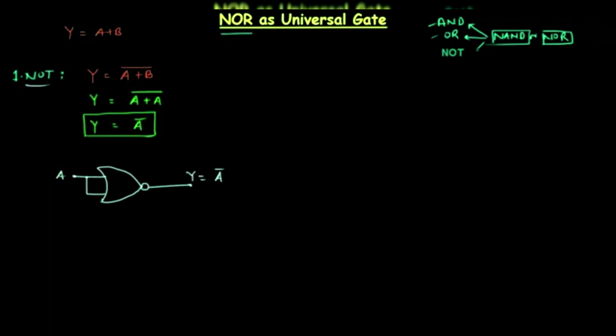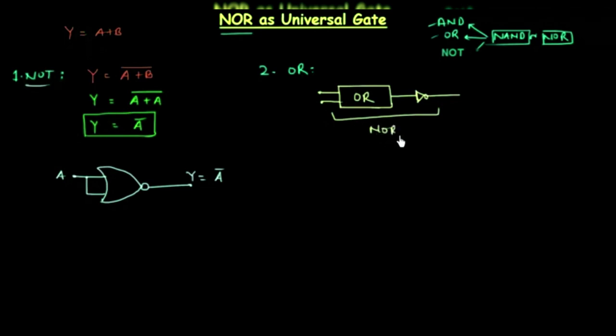Now we will implement OR gate by using the NOR gate, and as I have already told you, we obtain NOR gate by complementing the output of OR gate. If this box represents the OR gate, 2 input OR gate, and if we complement the output of this OR gate, this combination will work as NOR gate, and we want our OR gate back.